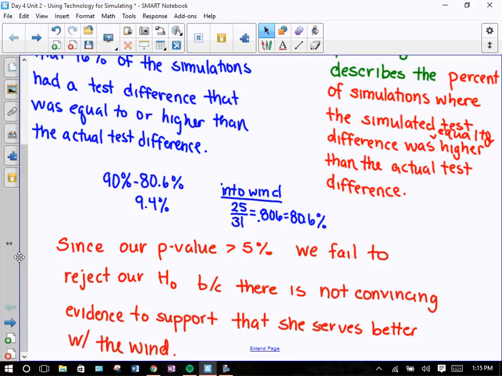Okay, so since our p-value is greater than 5%, we fail to reject our null hypothesis because there is not convincing evidence to support that she serves better with the wind. I have questions about that.